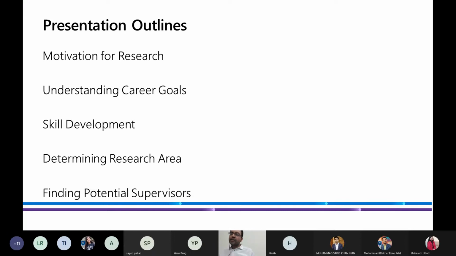But it is always a good idea to have some preliminary knowledge of research, regardless of whether you are going to pursue an academic career or R&D, research and development. It doesn't matter. But how to conduct research, you should get that idea when you are an undergrad student. But then again, you should be able to connect it with your career goals as well.